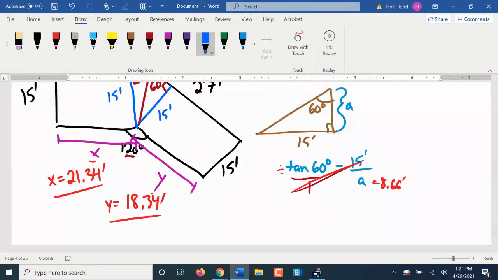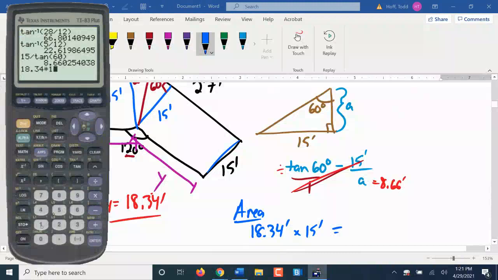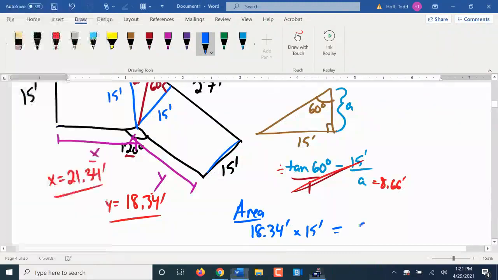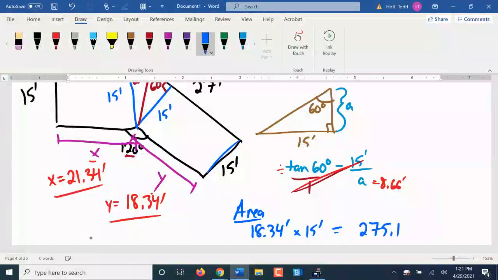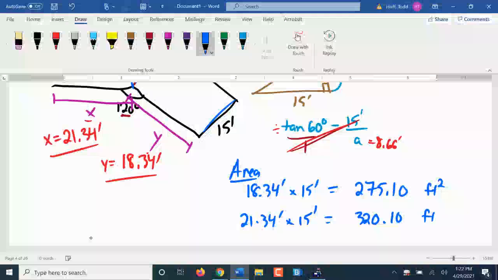Our area, well, we have the 18.34 feet times the 15 feet of width here, is 275.1 square feet. We have the 21.34 times 15 feet here, which is going to give us 320.1 square feet.